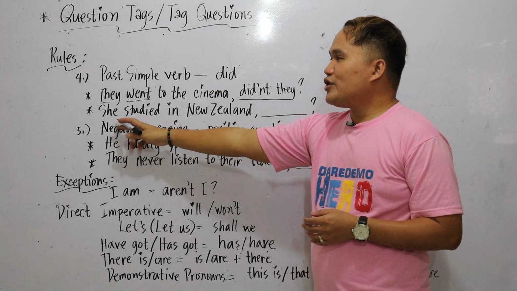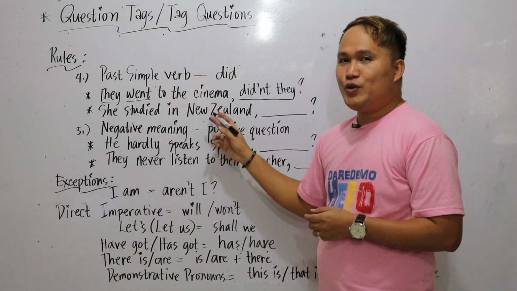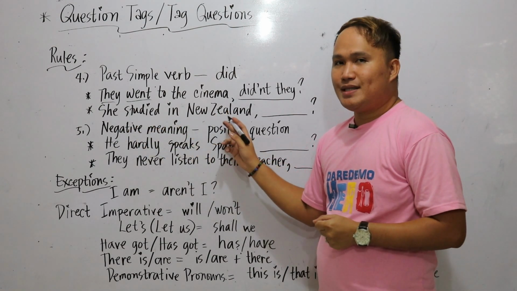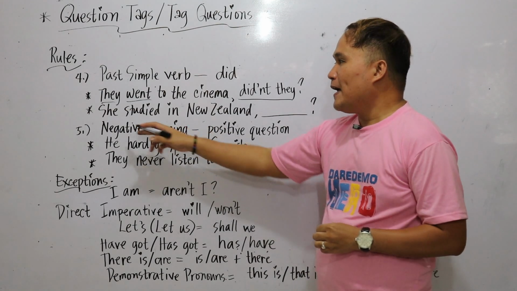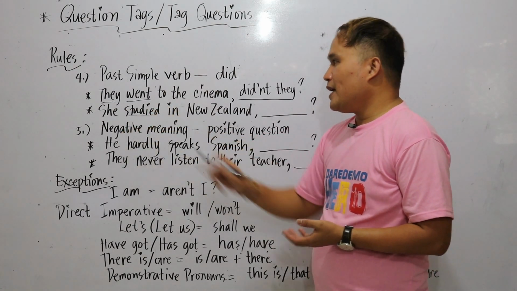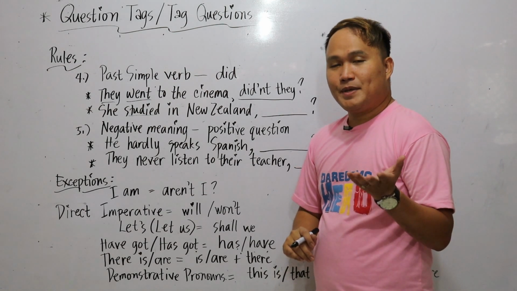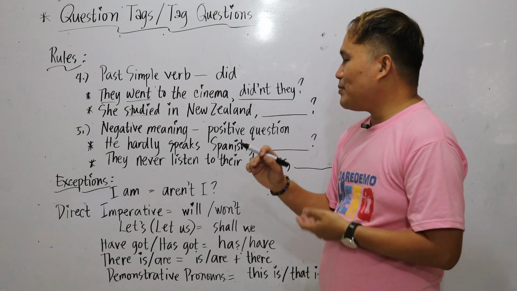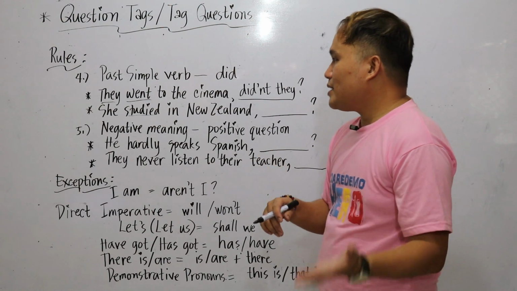Very good. Let's have the second example here. Let's read: She studied in New Zealand. Our verb is studied, apparently. What is the present form of studied? Study. So studied is the past simple form of the word study.